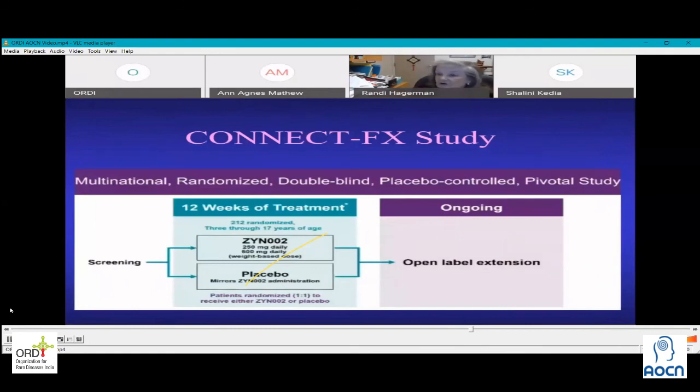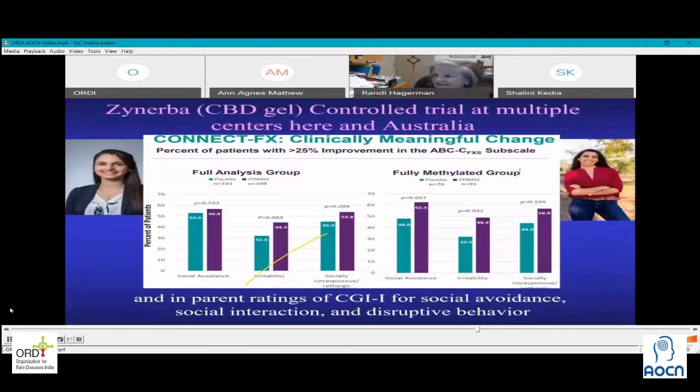This controlled trial, called the CONNECT-FX study, was funded by Zynerba, looking at their topical treatment. It was a topical treatment of either 250 milligrams or 500 milligrams daily based on weight, compared to placebo. Then they could go on to an open label extension. This controlled trial did demonstrate benefits, but mainly in those with Fragile X syndrome that were fully methylated.